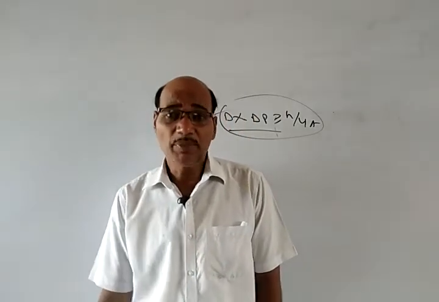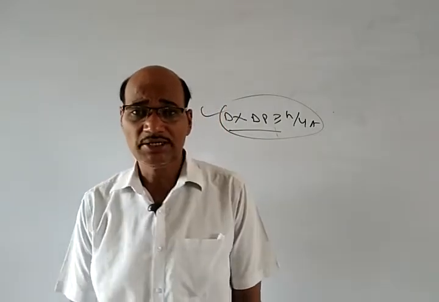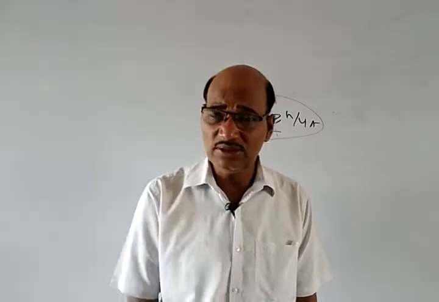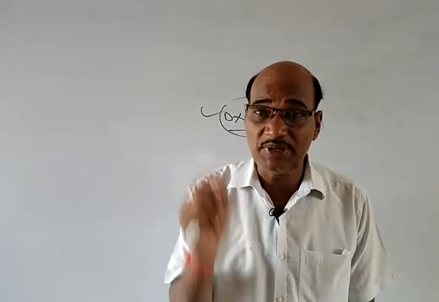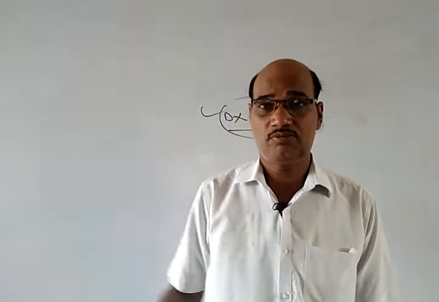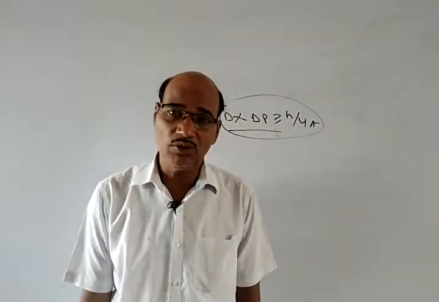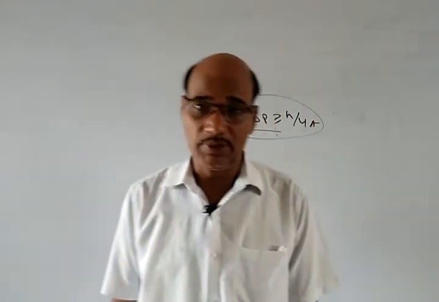An orbit is where the electron is revolving, a well defined circular path, whereas an orbital is the three-dimensional region in space where the probability of finding the electron is maximum. An orbit is circular only, but an orbital can be spherical, dumbbell or double dumbbell.